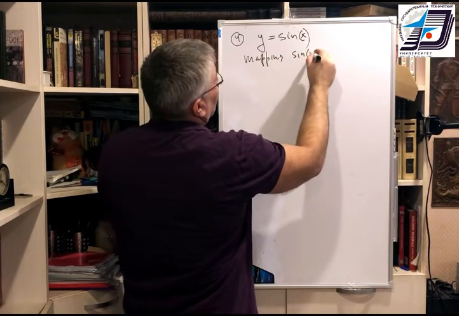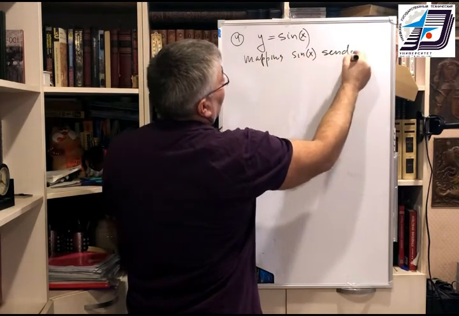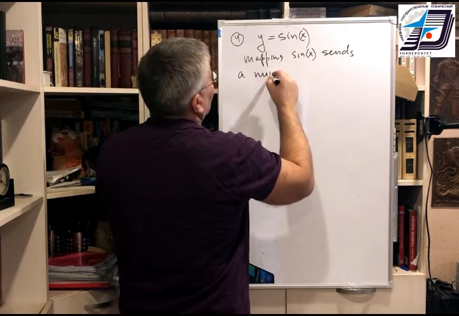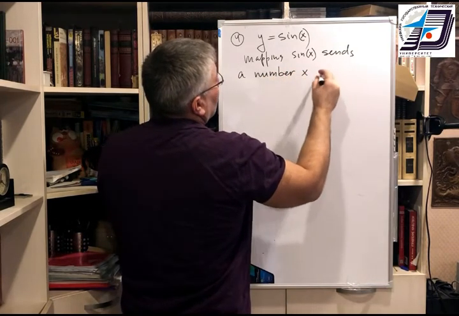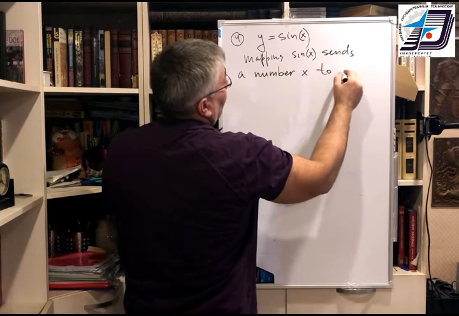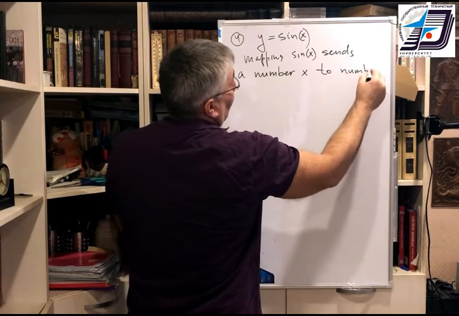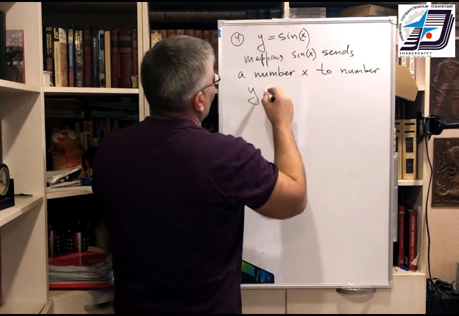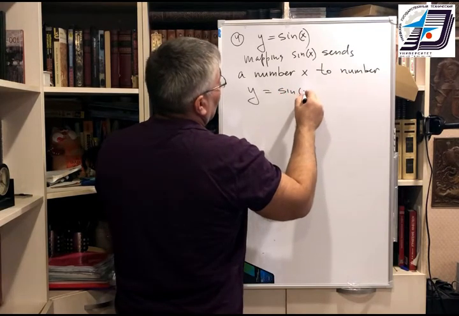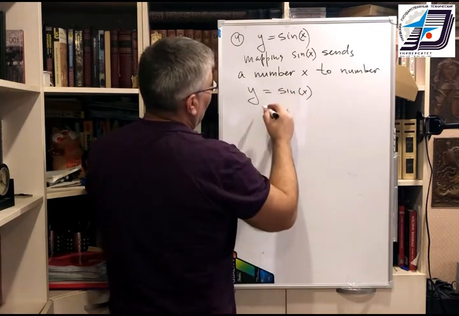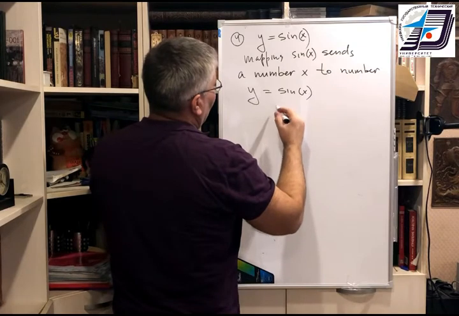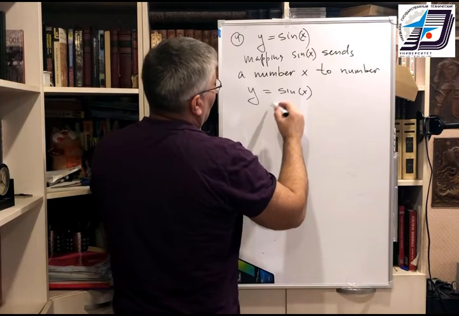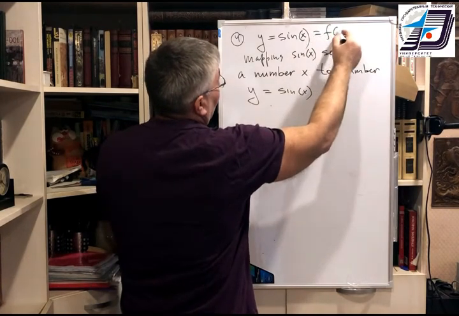Mapping sine x sends a number x to number y, which is equal to sine of x. Or we can write it like, by the way, I can denote it like f of x here.